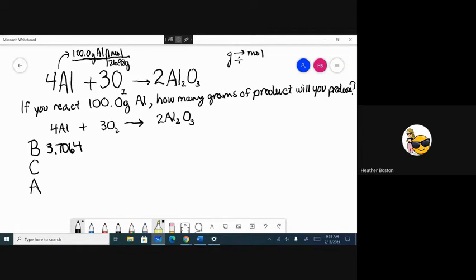Now, if I react all of the aluminum, that means that I have plenty of oxygen. So I just use the term excess because I don't need to concern myself with oxygen. Before a reaction even starts, we have no products, so we have a 0 for the products.